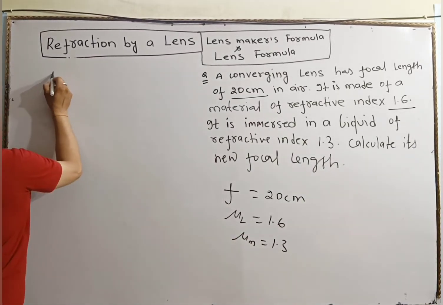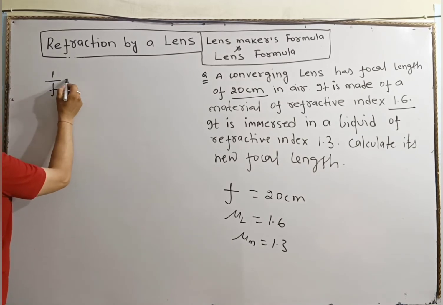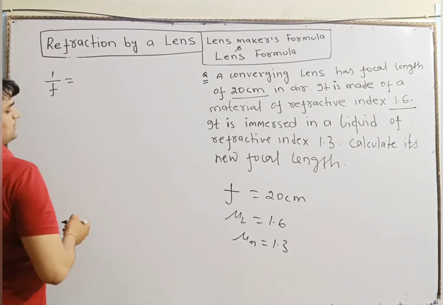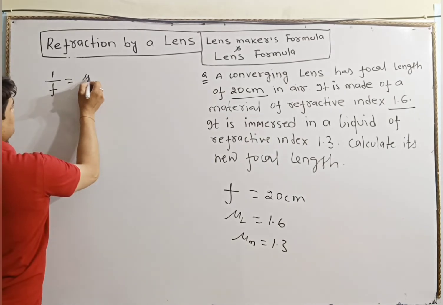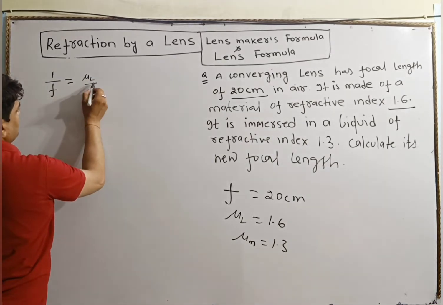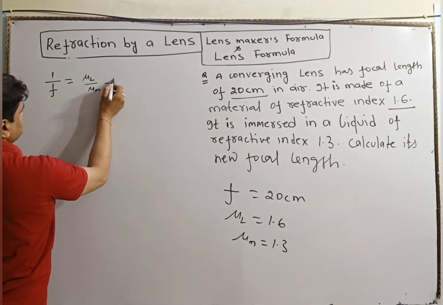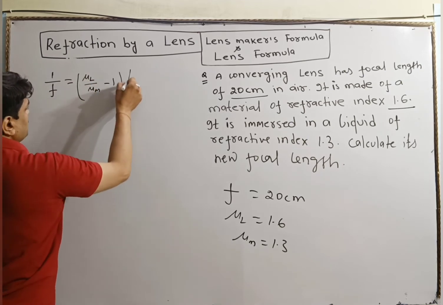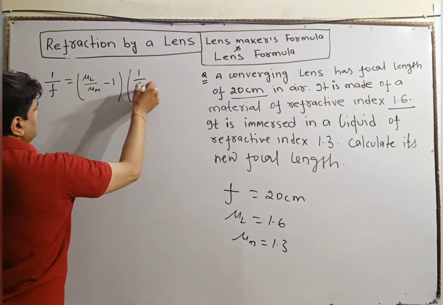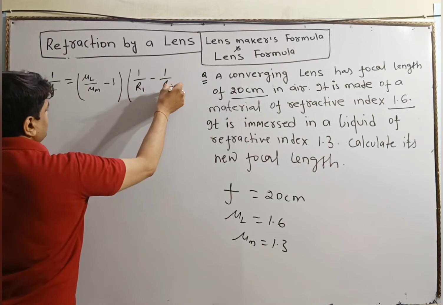Let it be initially F1 when there is air. So mu L upon mu M minus 1 equals 1 upon R1 minus 1 upon R2.